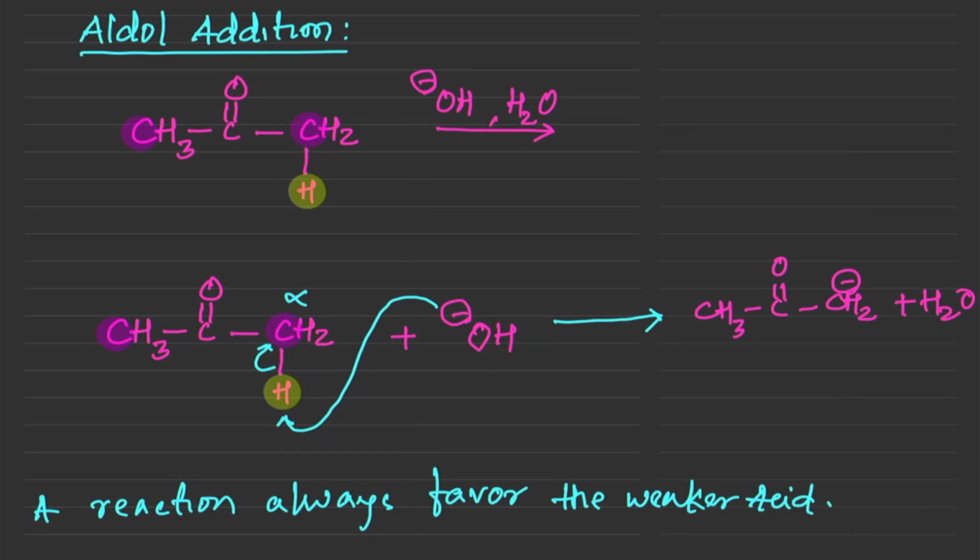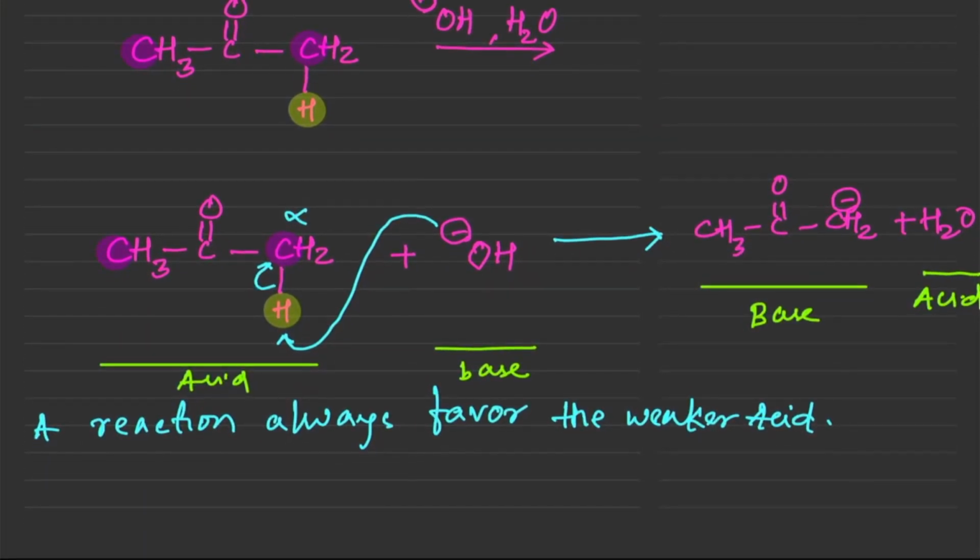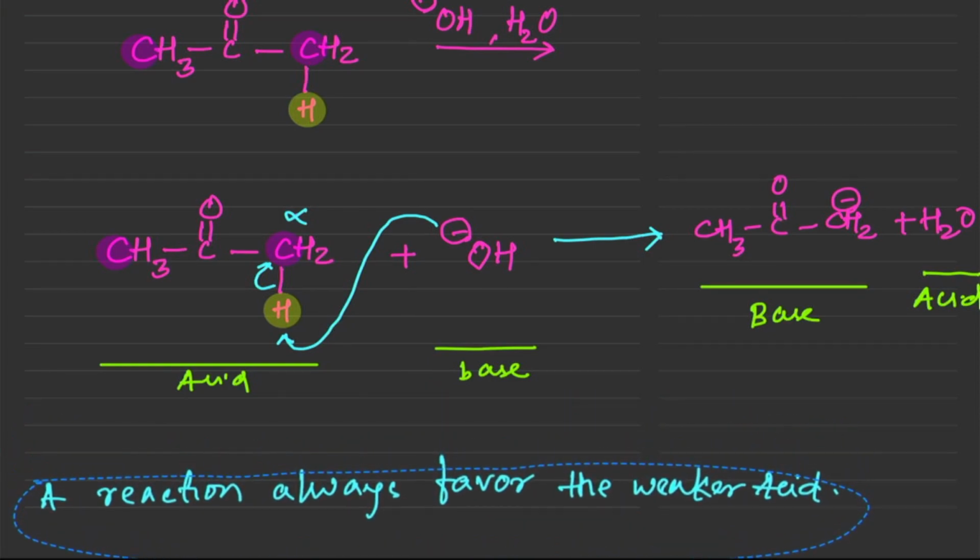In this case, on the left side, this is our acid, and this is our base. On the right side, this is our base, the one that is negative, and this is acting as an acid.